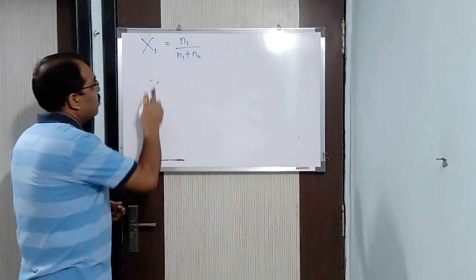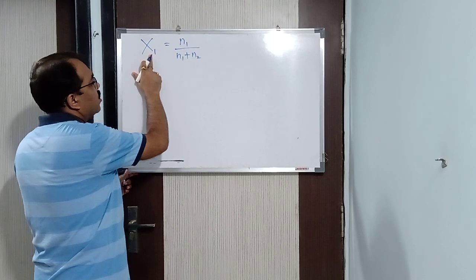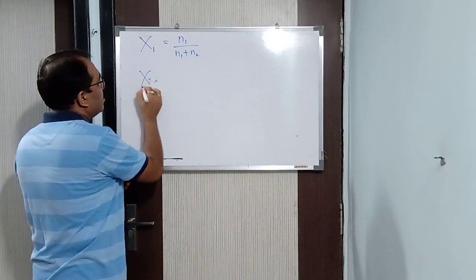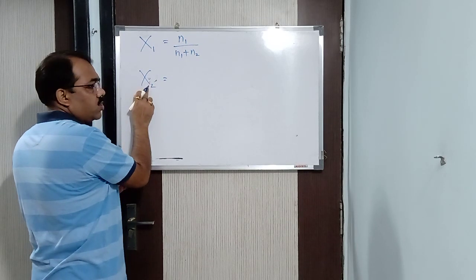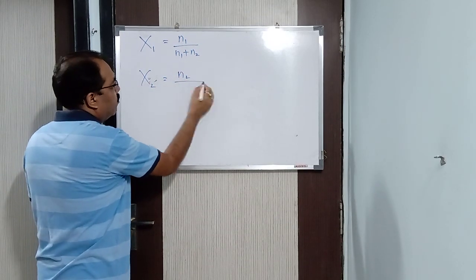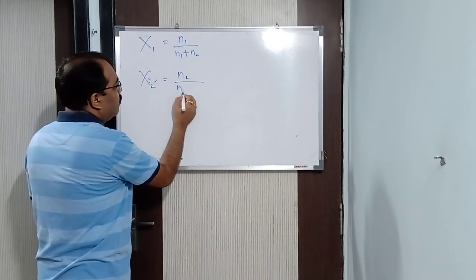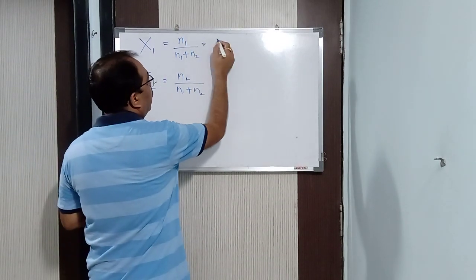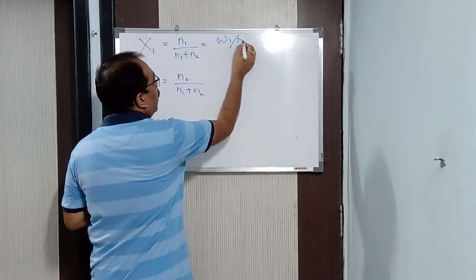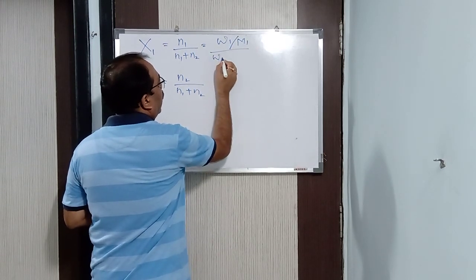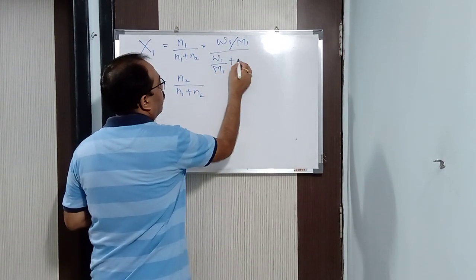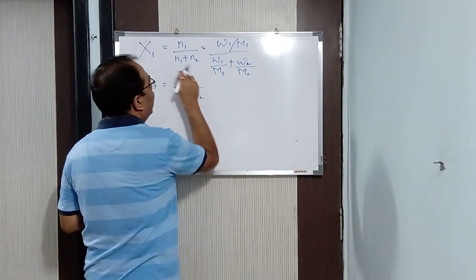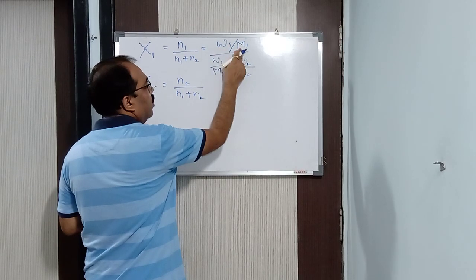Okay, understood? So here I have given you the mole fraction of solute: number of moles of solute by number of moles of solute plus solvent. If I ask for the mole fraction of solvent, what will it be? Number of moles of solvent by number of moles of solute plus solvent. Now I will simplify this further: W1 by M1 divided by W1 by M1 plus W2 by M2, because the number of moles of solute is the weight of the solute by the molecular weight of the solute.